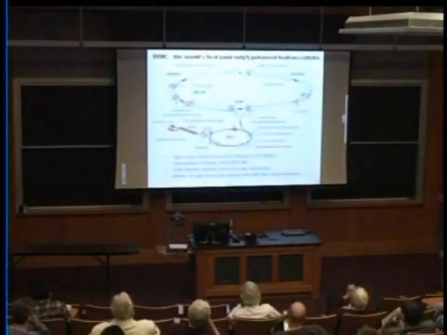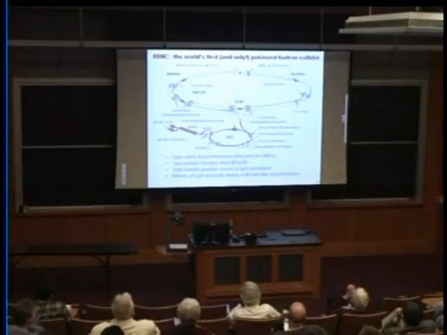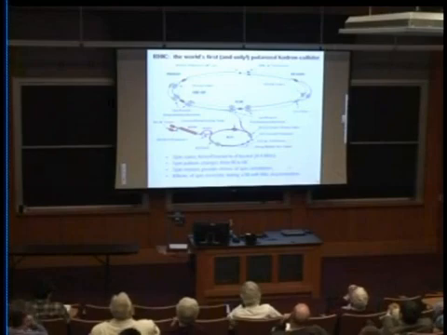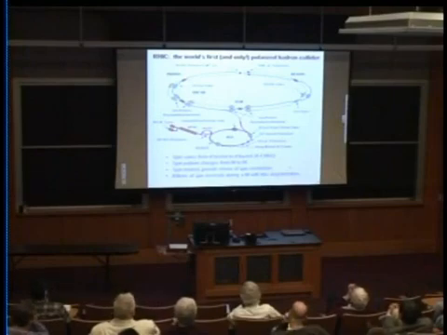RHIC, in addition to being a heavy ion collider, is the world's first and only polarized hadron collider. We start with polarized ions and we run them through these 3 or 4 ring circuits, accelerating them while starting with polarized protons, preserving their polarization, or at least most of their polarization, through the acceleration process, all the way up to energies of 100 GeV per beam.